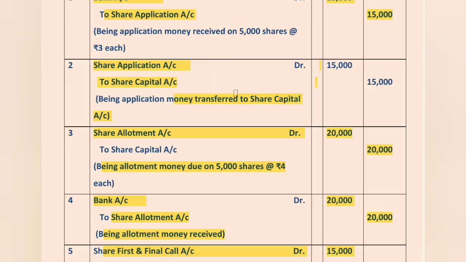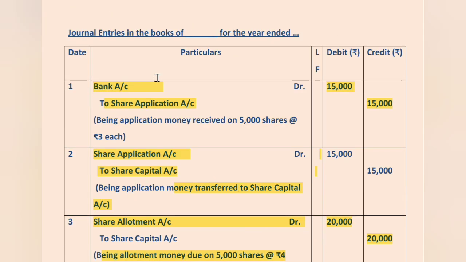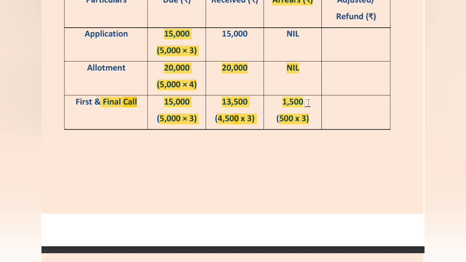That means 500 shares are arrears. So when receiving, you have to write 13,500. Being first and final call money received on 4,500 shares at rupees 3 each, because 500 is arrears. After that, at last, you have to write this entry, calls in arrears.